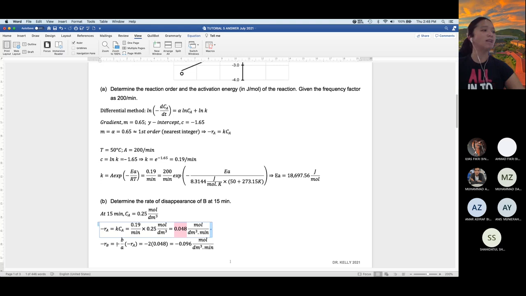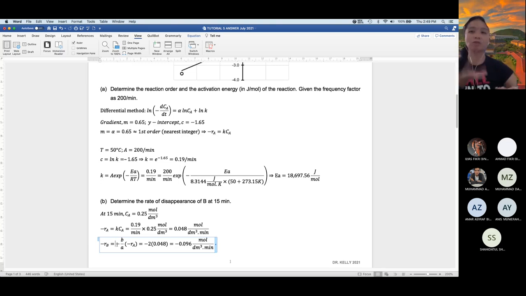Okay, so first of all, don't forget, when we find minus RB, the number can be negative or positive. I've taught this in chapter 1, chapter 2, chapter 3, and chapter 4 I also touched on this part. But again, if you forget, the number can be positive or negative depending on the rate that you want to find.